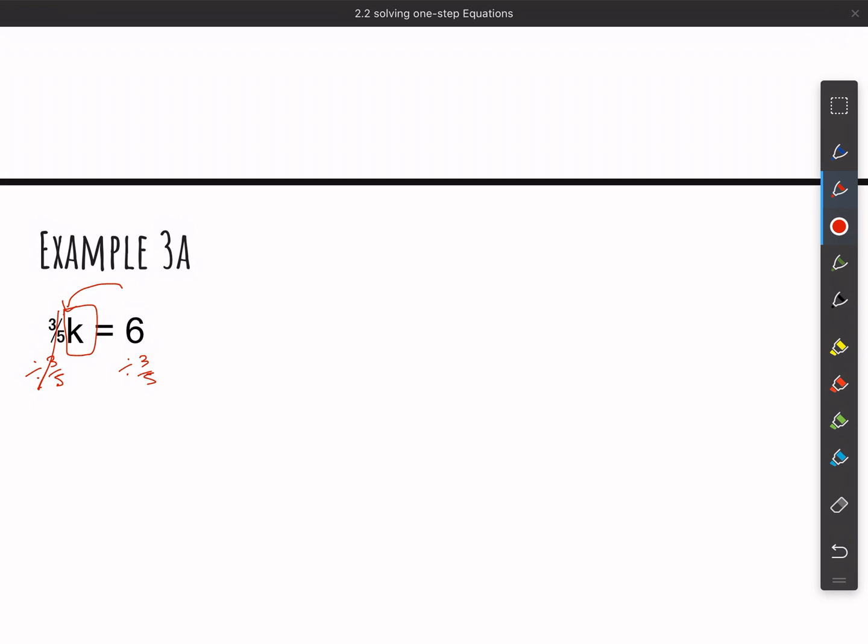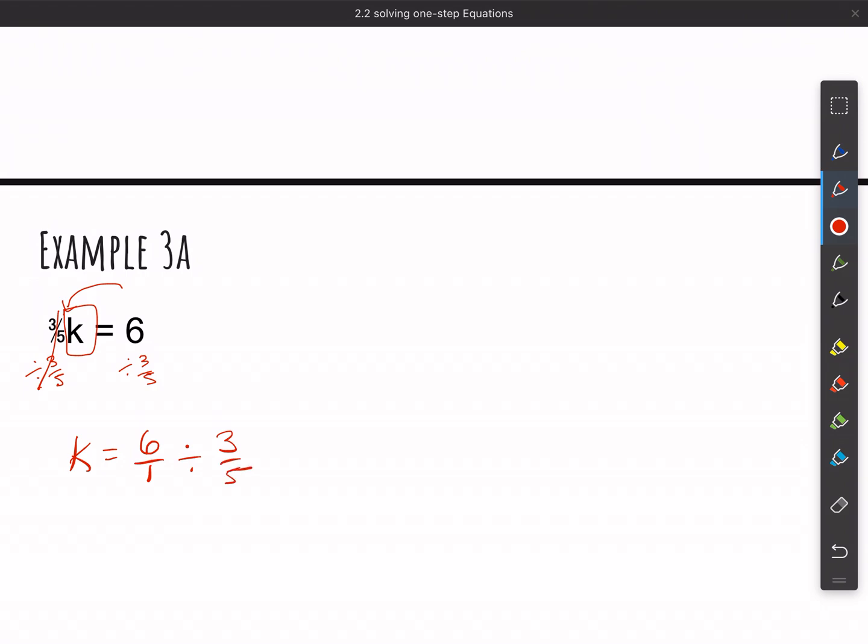So what that looks like here is I would say k is equal to, whenever I'm using fractions, I like to make both of my numbers fractions. So 6, I can turn into a fraction just by putting it over 1, right? Now if you want to see what's really happening, I'm taking 6 over 1 and dividing it by 3 over 5.